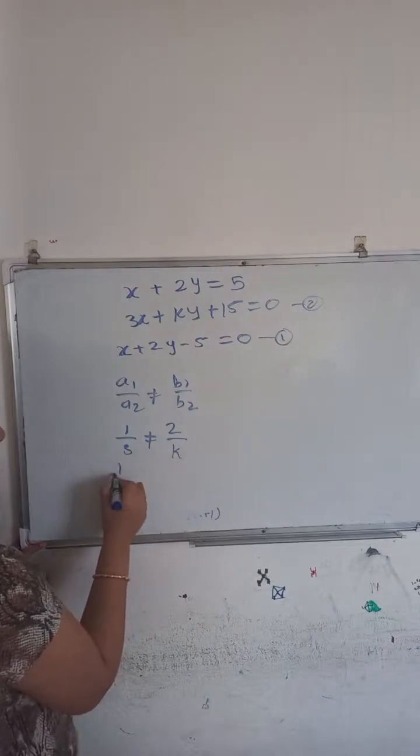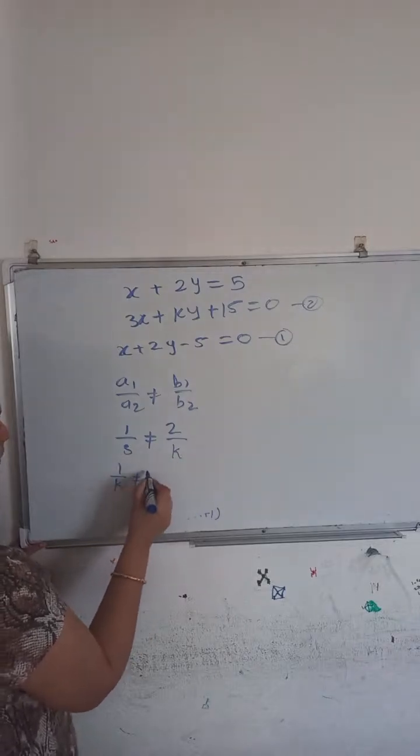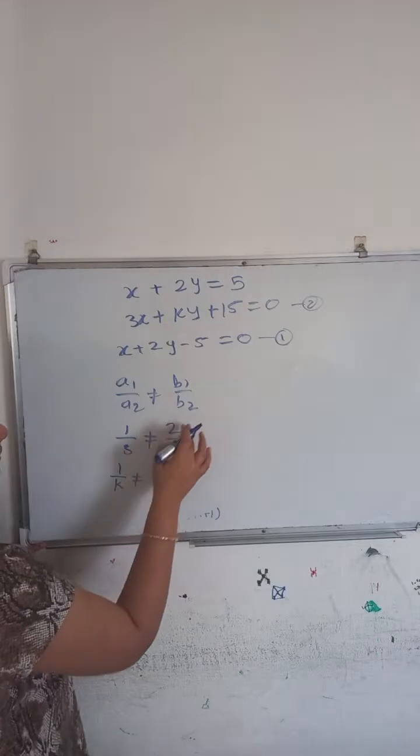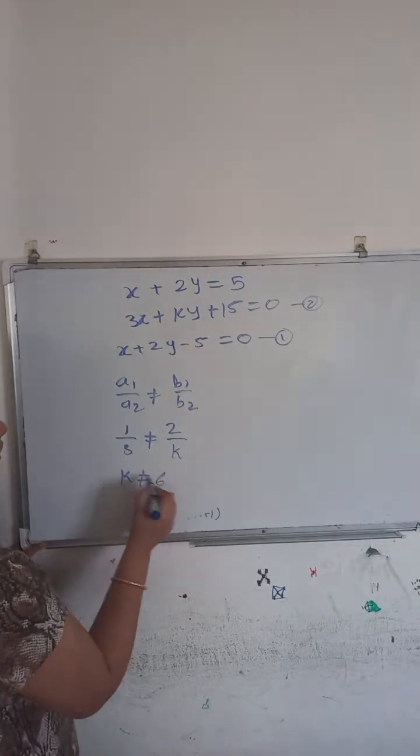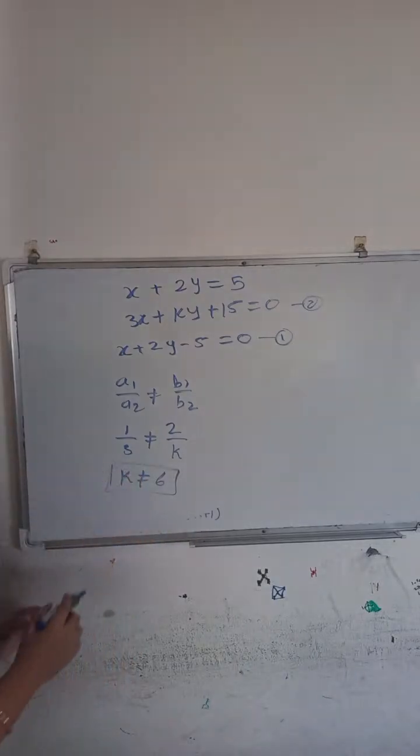So here I can write 1 by k is not equal to 2 by 3. I will directly take cross multiplication. k is not equal to 6. So this is the correct answer. If it is not equal, then put the not equal sign only. Don't write equal to there.